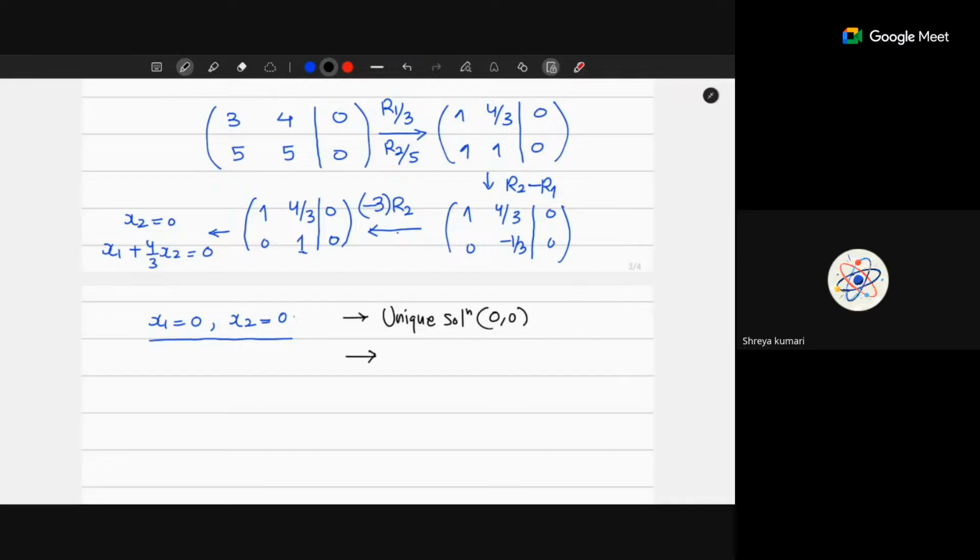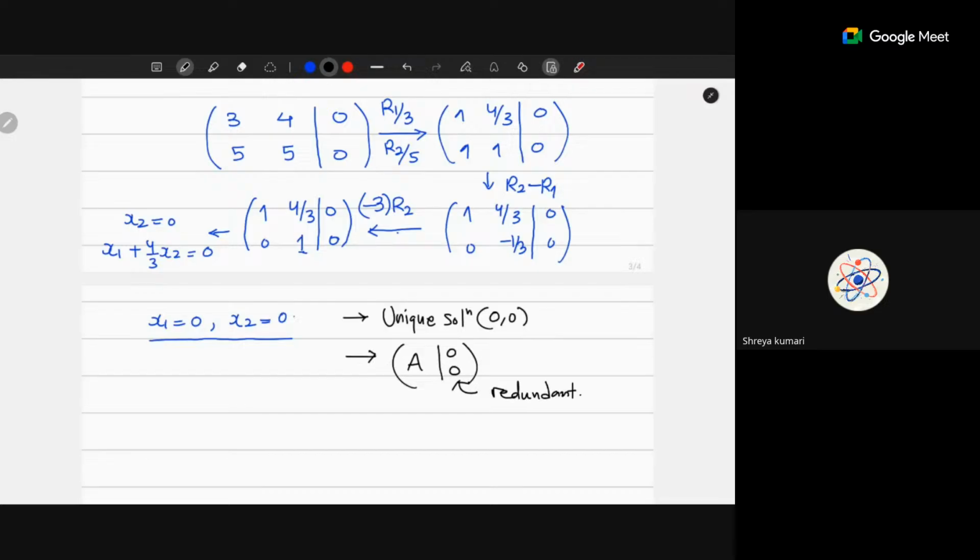So the vector that I'm referring to is this 0, 0. This vector is redundant.